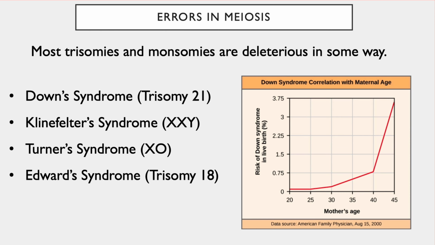Down syndrome is a disorder where you have 3 copies of chromosome number 21, so we call this trisomy 21. Klinefelter syndrome is an extra copy of the X chromosome, a sex chromosome, and this will be a male that has feminine features.